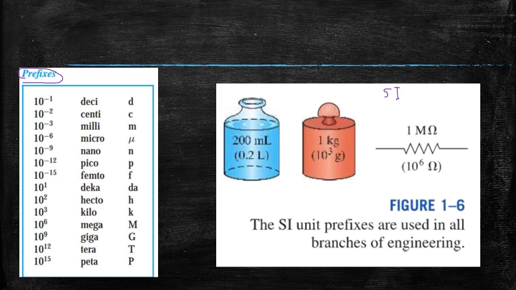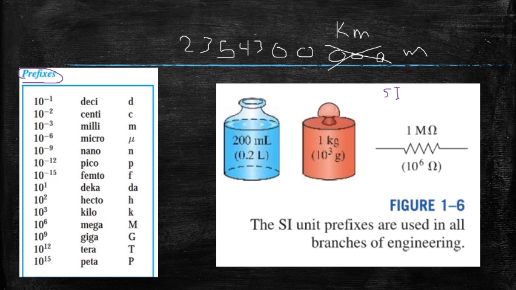For example, if we want to say 2,354,300,000 meters, we won't write it down like that. We can divide this by 1000 and say this number in kilometers. It will be easy.